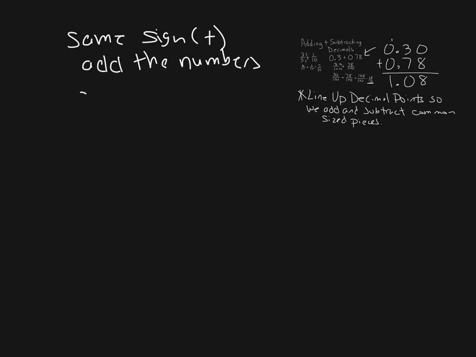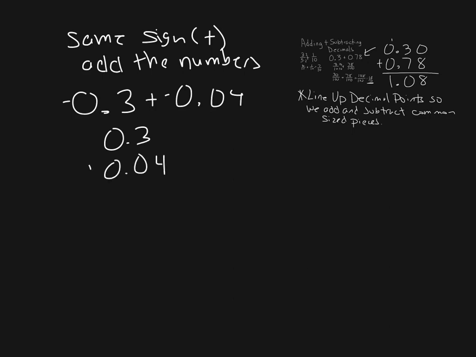So for example, if I had negative 3/10 and I'm adding negative 4/100, since they're both negatives, I'm really just adding 3/10 plus 4/100. But since they're both negative, it would be negative 34/100.